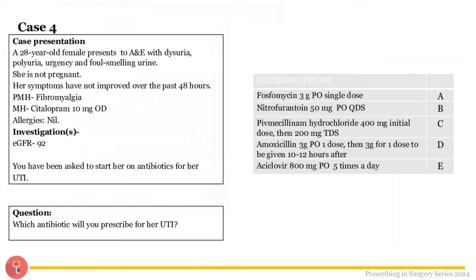You've taken some bloods from her, and her EGFR is 92. You have been asked to start her on antibiotics for her UTI. So the question is, which antibiotic will you prescribe for her UTI? Just release the poll into the chat.